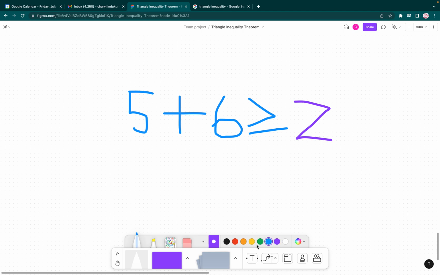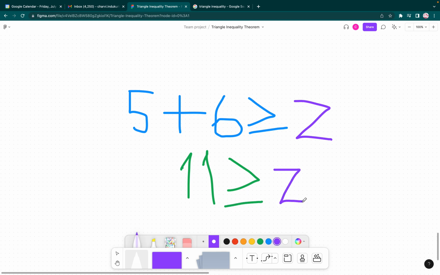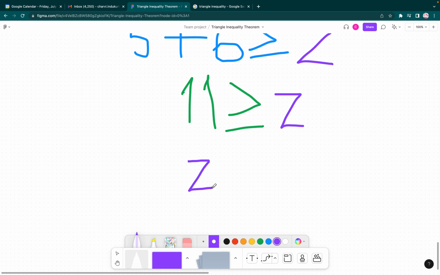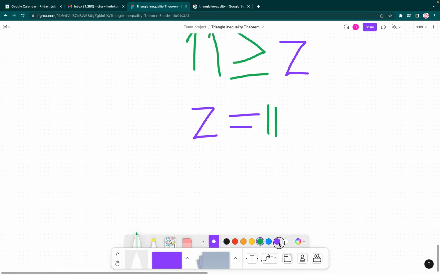So 5 plus 6, what is it equal to? 11. Is greater than or equal to Z. So now we know that Z is either equal to 11 or Z is less than 11. I hope you're catching on to it.